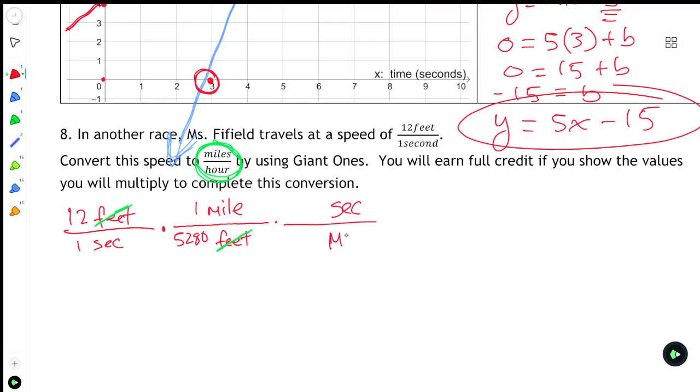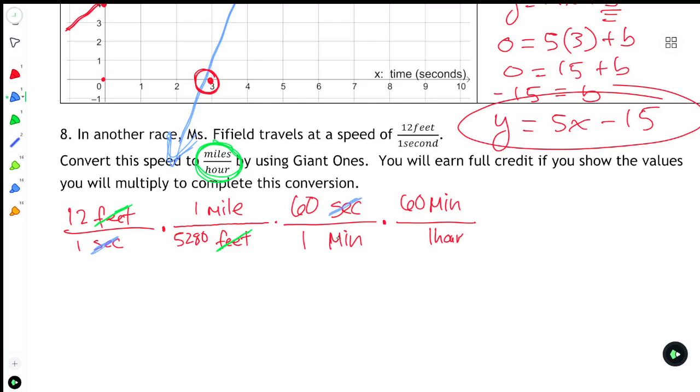And I know a giant one that involves seconds and minutes. In fact, 60 seconds is the same amount of time as 1 minute. But I have to do this again because I want the minute to go away. And I happen to know that so many minutes is the same thing as 1 hour, right? And how many? It's 60 minutes. So if you look at this now the rest of the way, not only are the feet gone, but the seconds are gone.